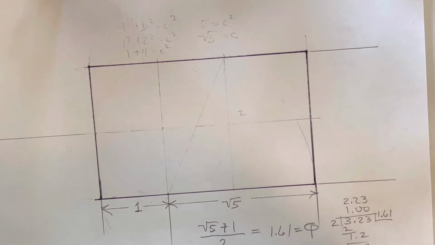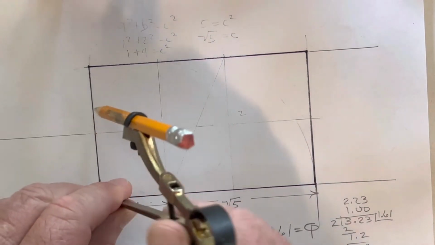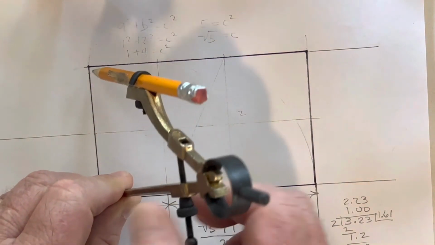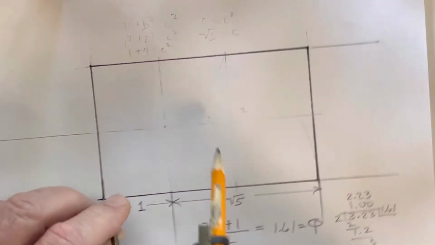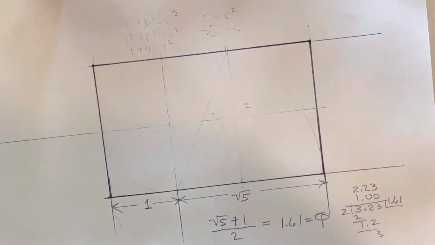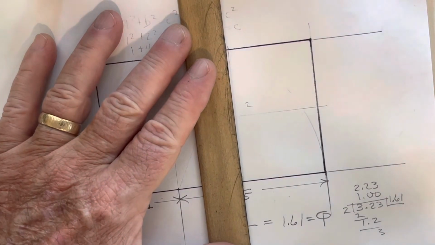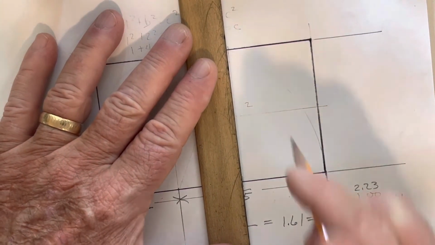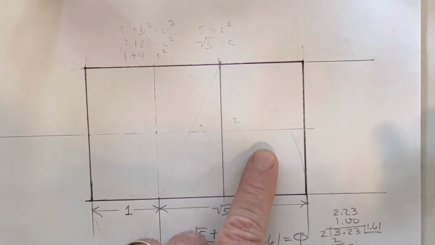Now what we can do with this, since we already have our rectangle now, if we take the measurement of this side, make it a square, that leaves this proportion on the side.